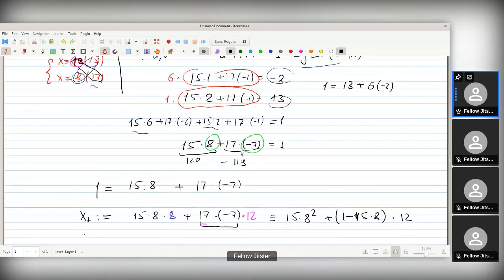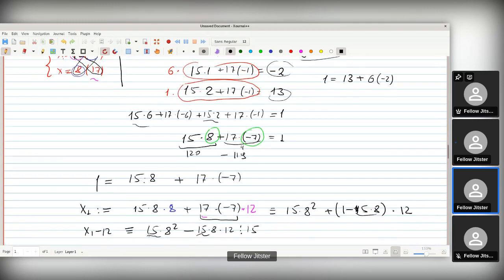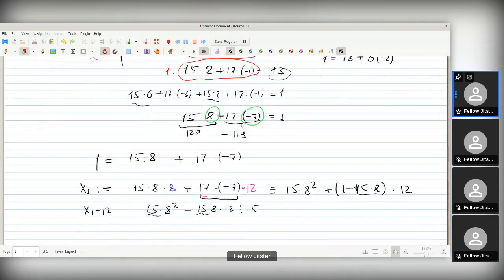Okay, but what is x1 minus 12? It is just 15 multiplied by 8 squared minus this thing, minus 15 multiplied by 8 multiplied by 12. This is divisible by 15. Is it clear? Yes. So that means that this number is divisible by 15.